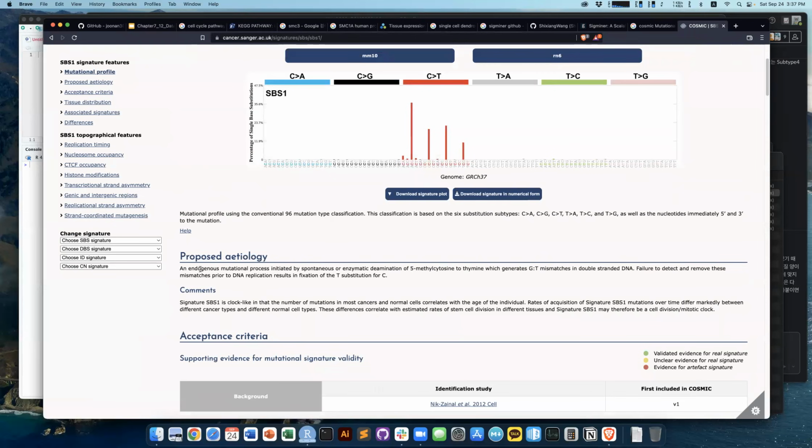That means that the endogenous mutational process initiated by spontaneous or enzymatic deamination, and so on, right? So it's spontaneous mutation occurrence, which means that mutation occurs randomly in our cells over the lifetime. So in that case, the mutation has some signatures in our DNA like this, right?